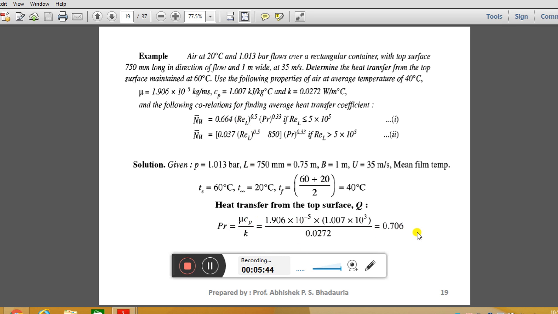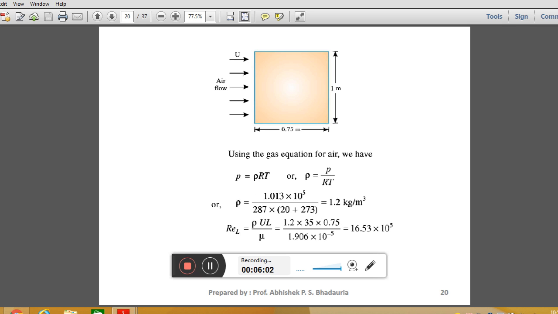Otherwise you can calculate the Prandtl number by the expression nu by alpha. But nu and alpha both are not given in the problem. Mu, Cp and k, all the values are given, so you calculate the Prandtl number by this expression. Now we have calculated Prandtl number.